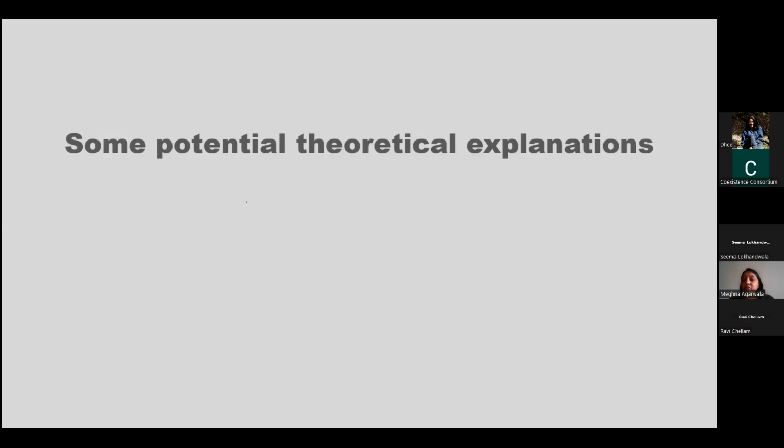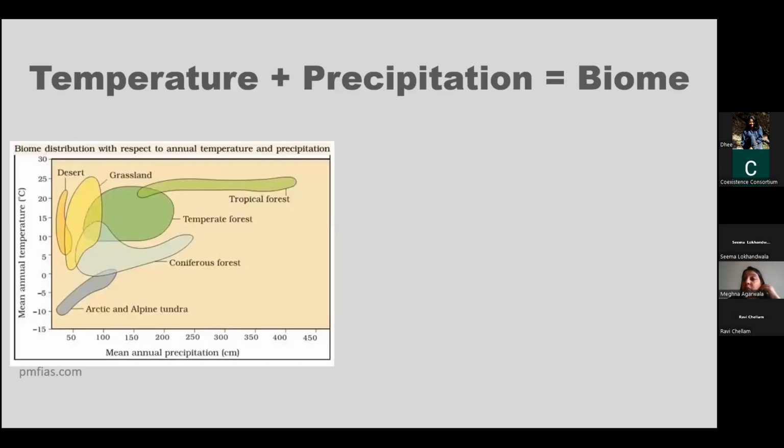One imagines that the tree cover in central India should be higher. One way to understand what the tree cover should be is to look at what biome one expects given the temperature and precipitation conditions. This is just how the different biomes map out depending on the temperature and precipitation conditions.